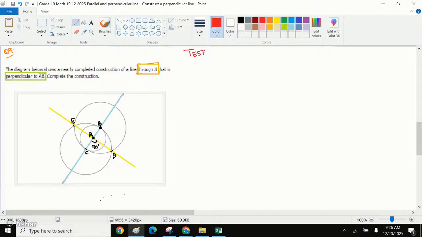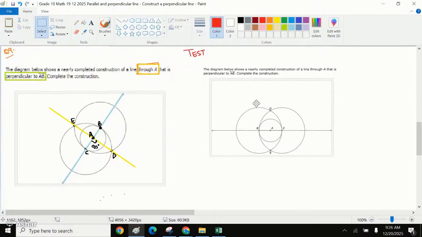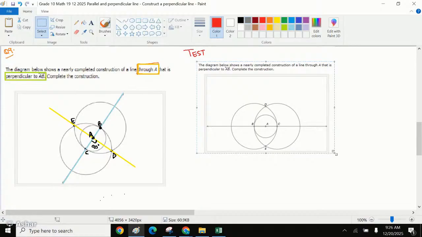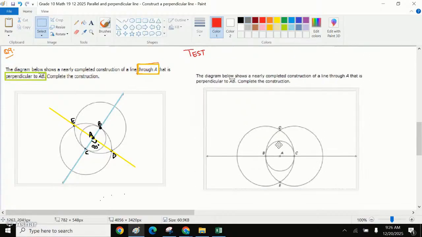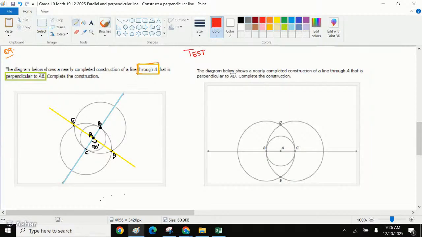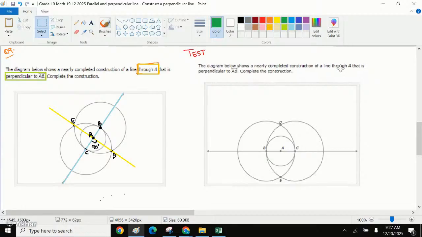And the question number 1 in the test is this. Okay. So let's see what we can do with this diagram and what they're asking us to do. The question says that the diagram below shows a nearly completed construction of a line passing through.